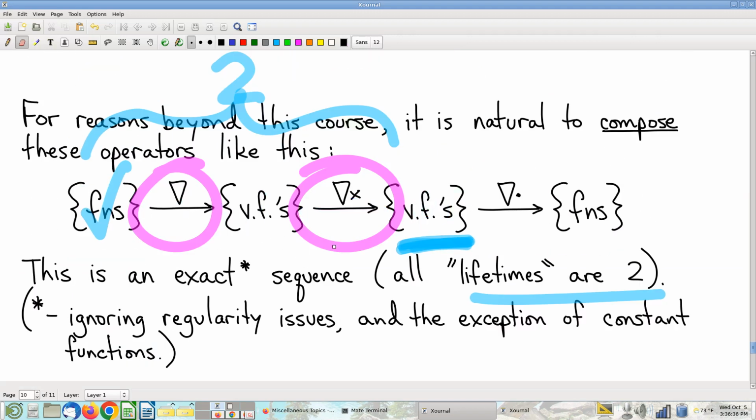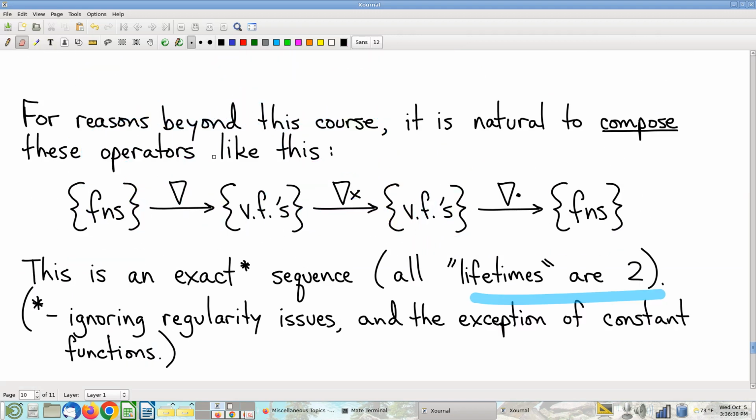Okay, here's another example of how you can use this idea of a lifetime of 2. Suppose you have a vector field. Suppose that the divergence of that vector field is 0. Let's just say, hypothetically, well, wait a minute. If I have a vector field here, if its divergence is 0, 0 is death. So that means it died here, and everything has a lifetime of 2, not at least 2.